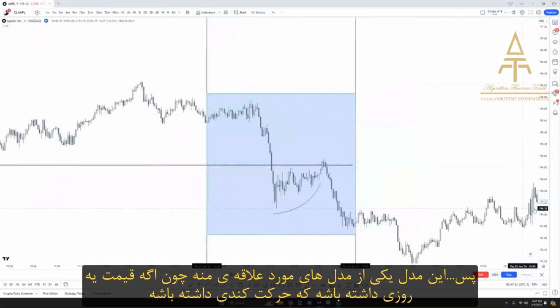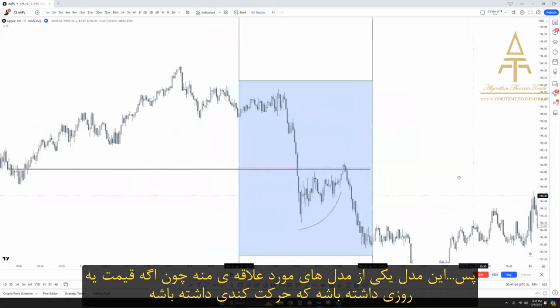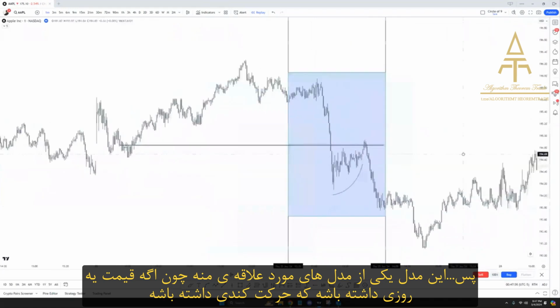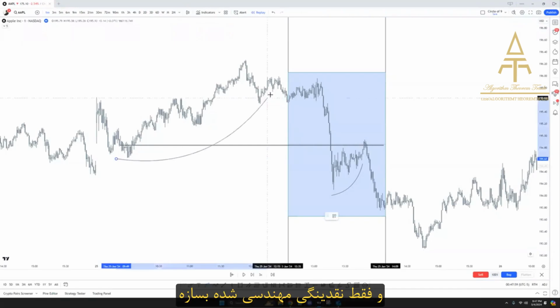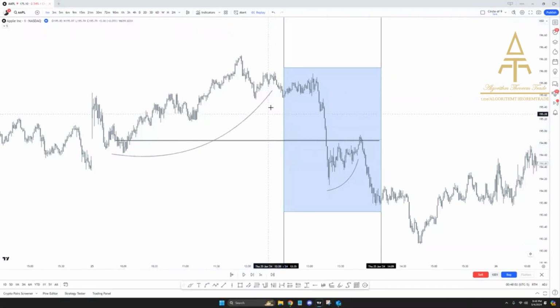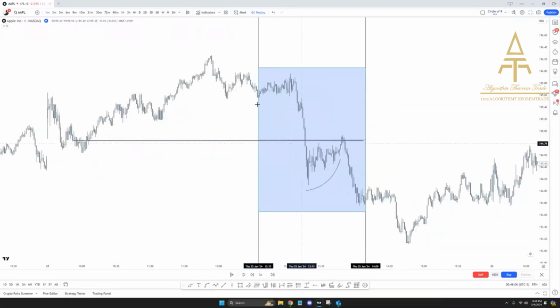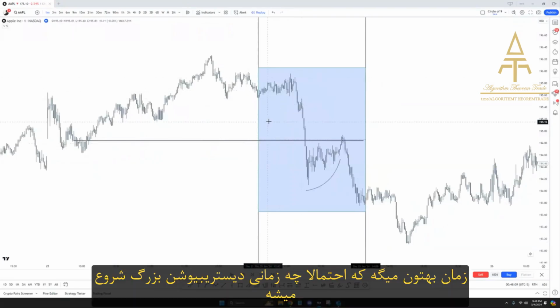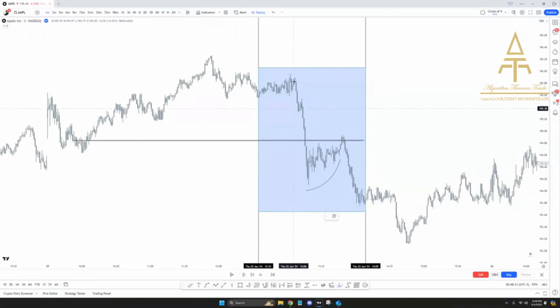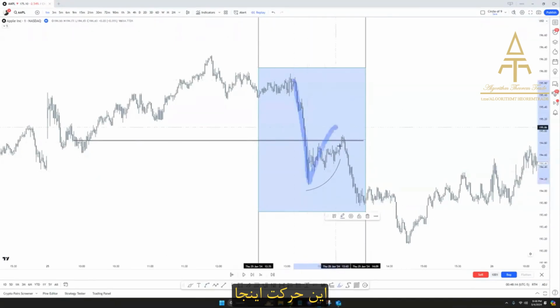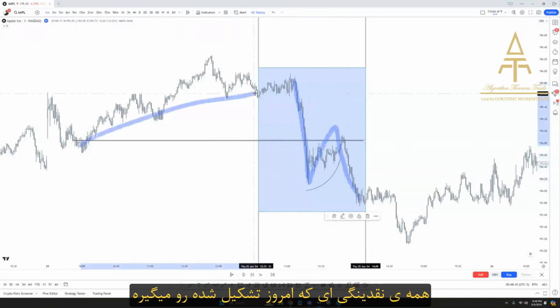So this model is one of my favorites because if price has a pretty slow day, and it's just engineering liquidity, then it gives you the right opportunity according to price. Time will tell you when that large distribution move will begin. This move right here takes out all this liquidity built throughout the day.